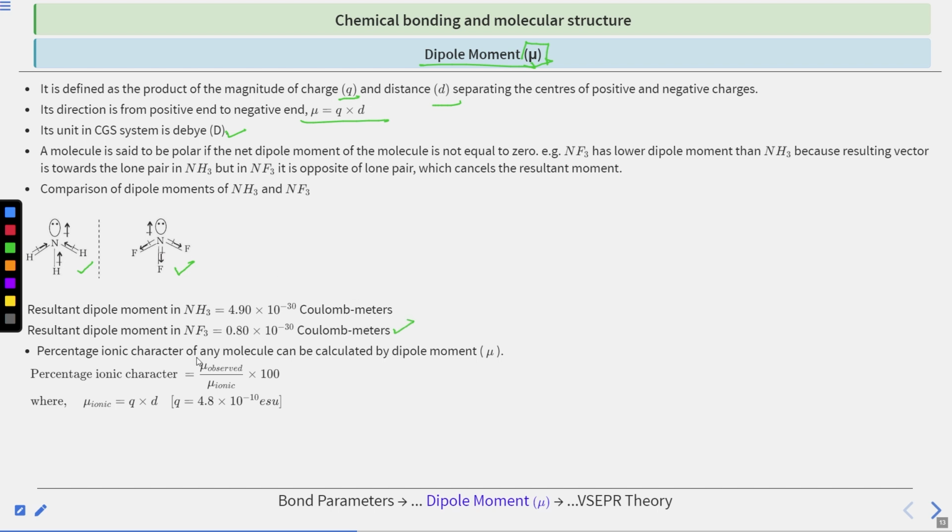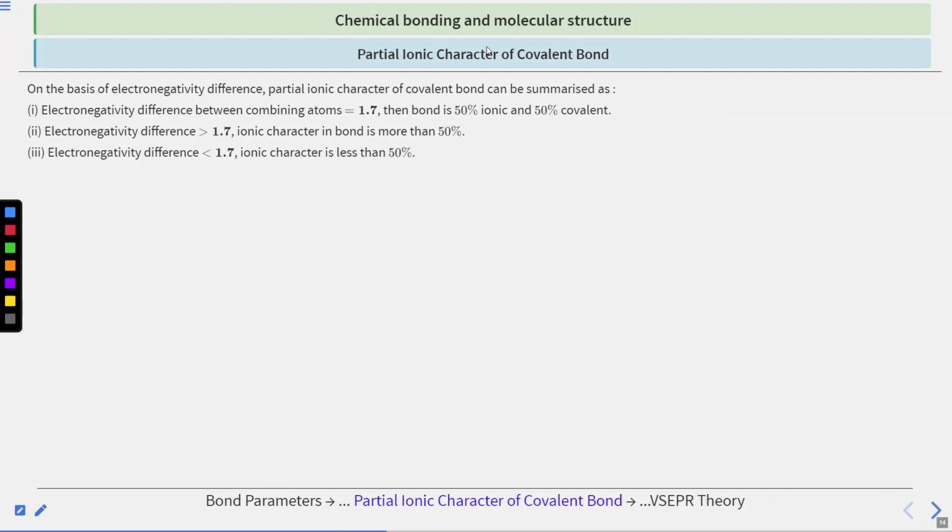The percentage ionic character of any molecule can be calculated from the dipole moment mu. Percentage ionic character is mu observed upon mu ionic multiplied by 100, and this will be the answer as we calculate the percentage ionic character of any molecule, right? Moving on to partial ionic character of covalent bond.